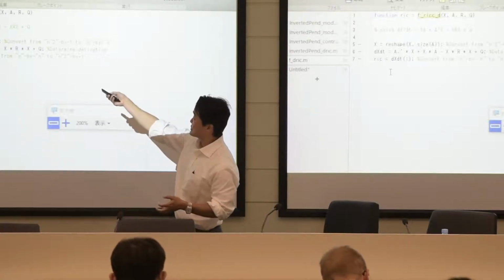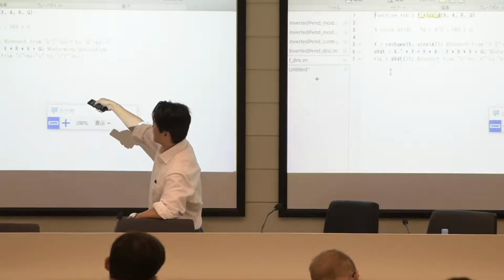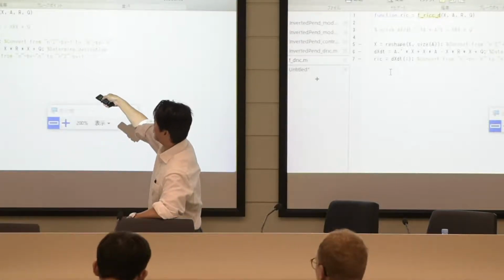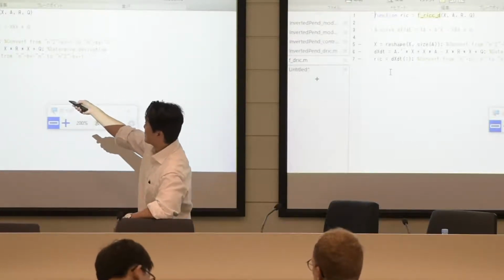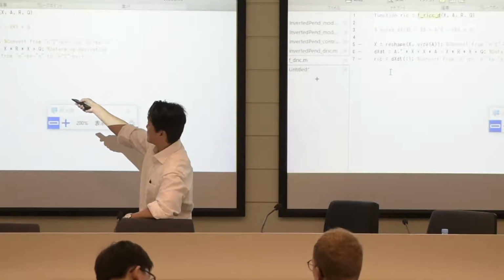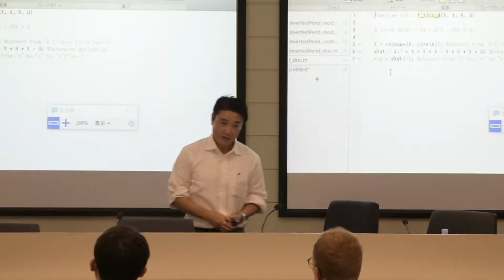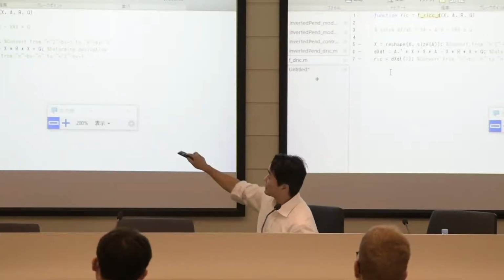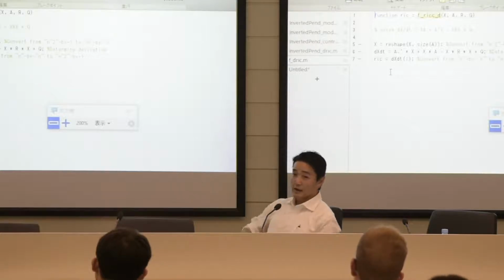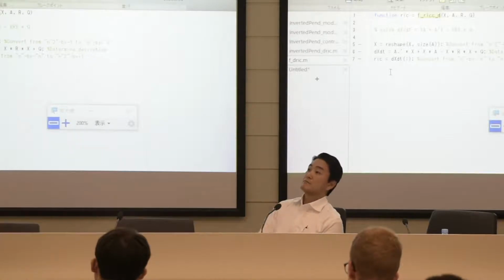If the matrix is n times n, then the vector for your ODE is n squared. So you have to do reshape. Reshape X does that, and also this dot command. If you have an n times n matrix, for example this, and put this dot command with parentheses, then you get a vector.